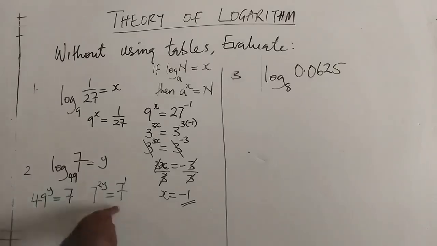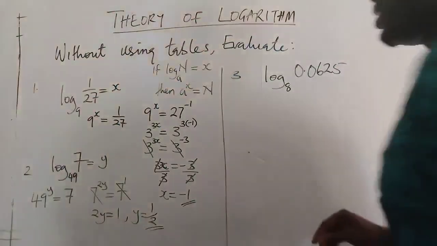Because any number in mathematics that has no power is assumed to have power 1, because 7 raised to power 1 gives you back 7. Now that both of them are of the same level, to the next line we'll have 2y equals to 1, then y will be equals to 1 over 2 when you divide both sides by 2.